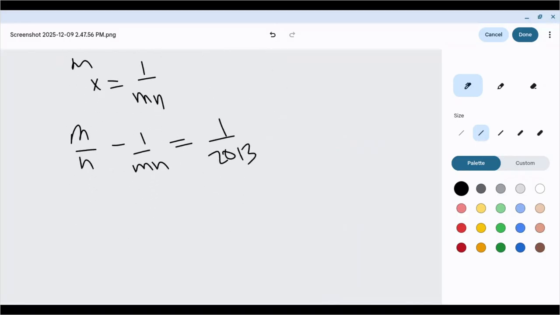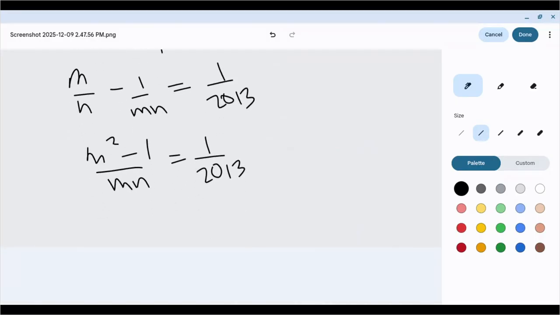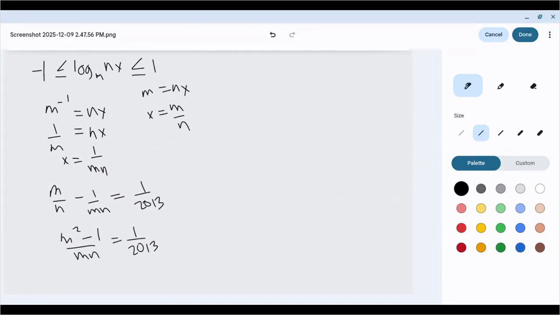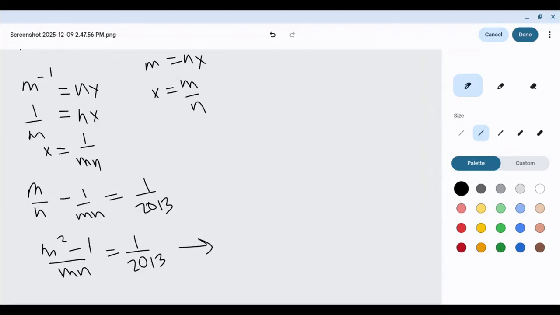To make the common denominator, this becomes m squared minus 1 divided by mn equals 1 over 2013. Now we can cross multiply to make this 2013 times m squared minus 1, which is m plus 1 times m minus 1.